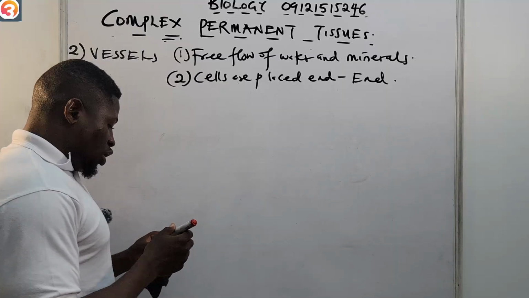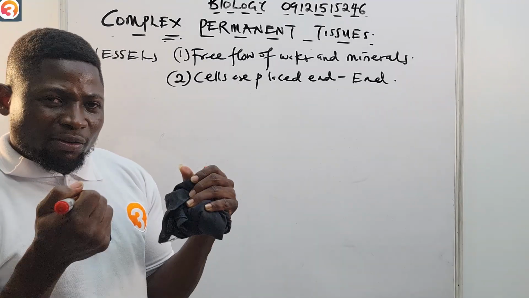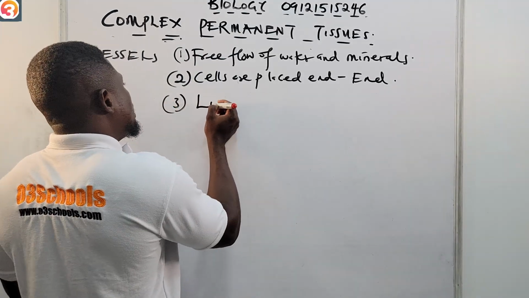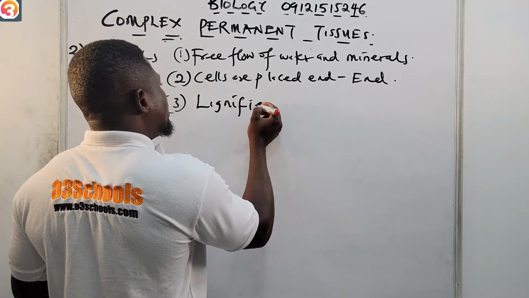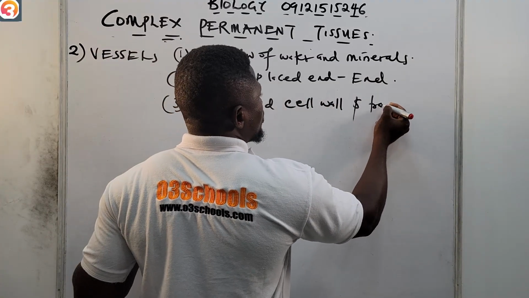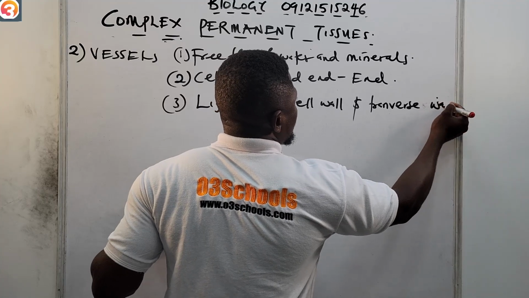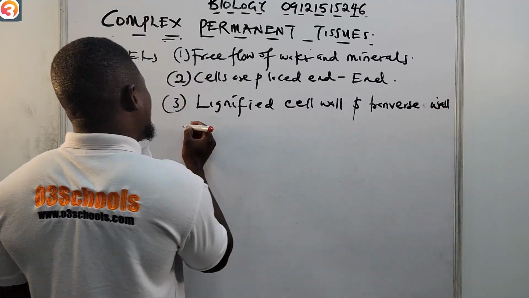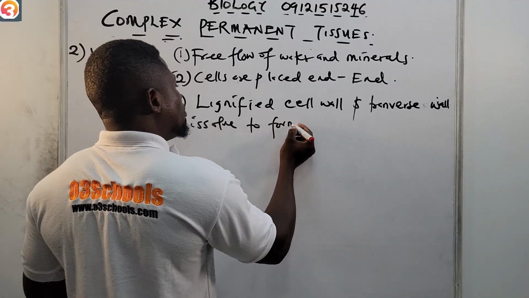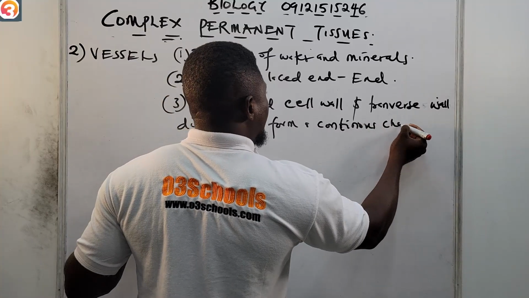And thirdly, they also have a lignified cell wall. So the wall is also thickened to prevent collapse under tension. Number three, lignified cell wall. And also transverse walls dissolve to form a continuous channel.